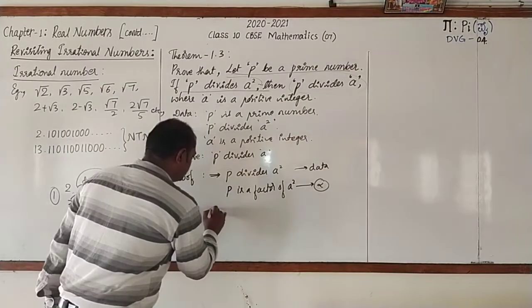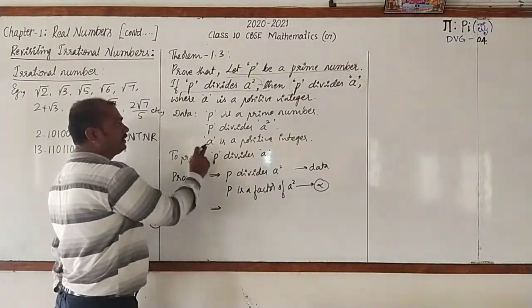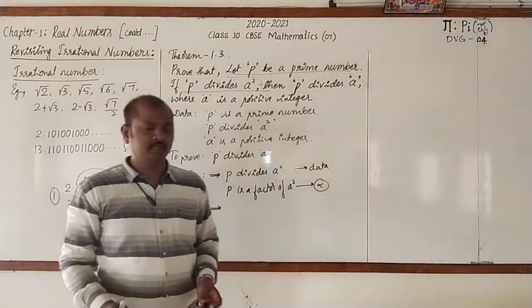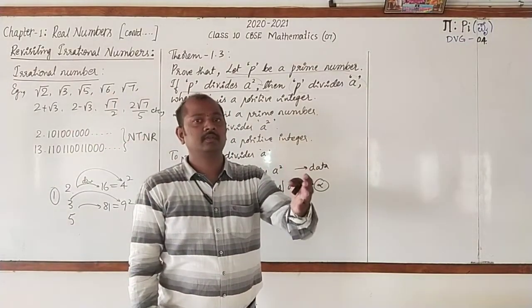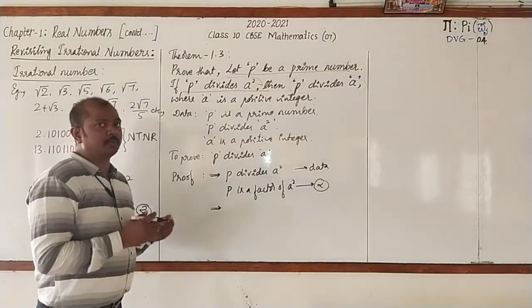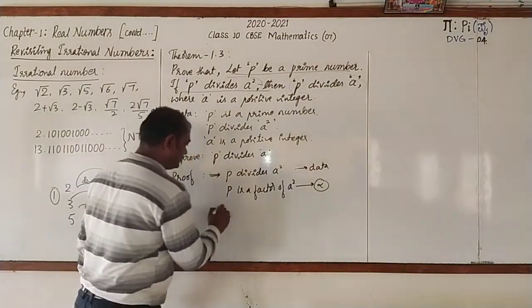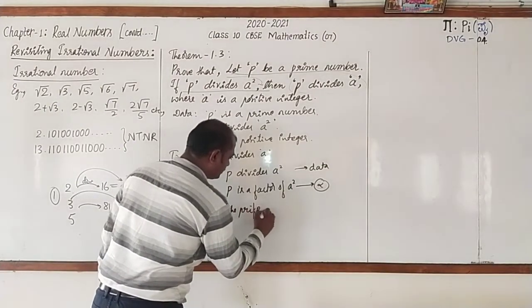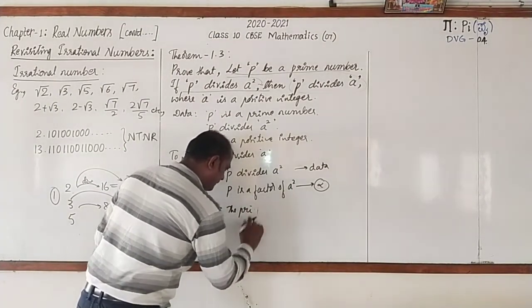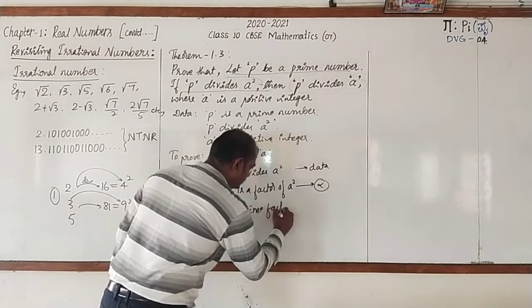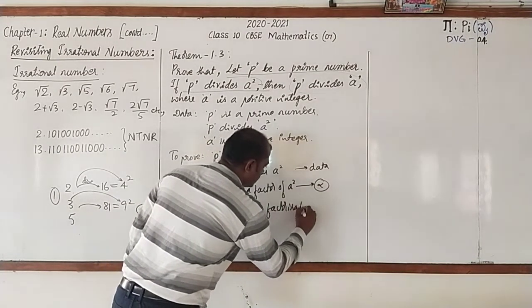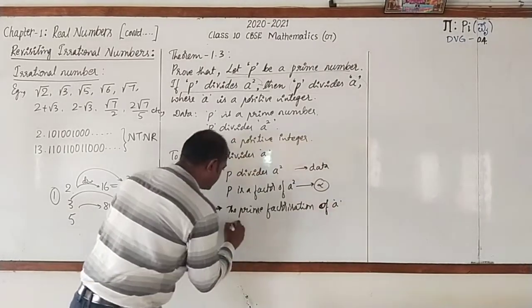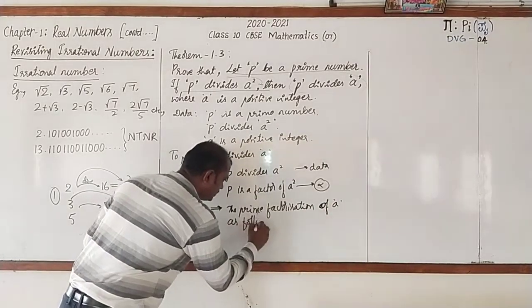Understood? Okay. Now, here they have given A is a positive integer, any positive integer, and it has a prime factorization. Now I am going to write the prime factorization of A as follows.